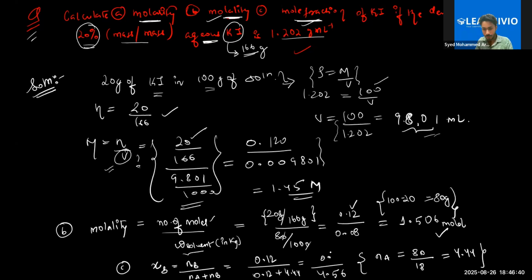And 0.12 is divided by 4.56. So what is the final answer? You will get 0.026. Correct? So this is the answer for the mole fraction, and this is the answer for the molality.